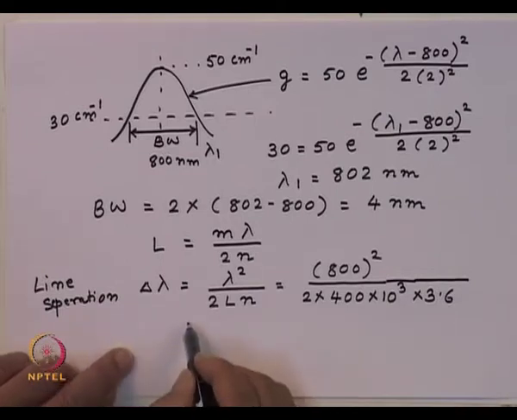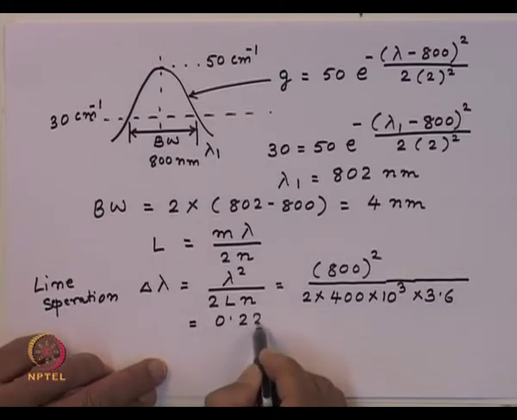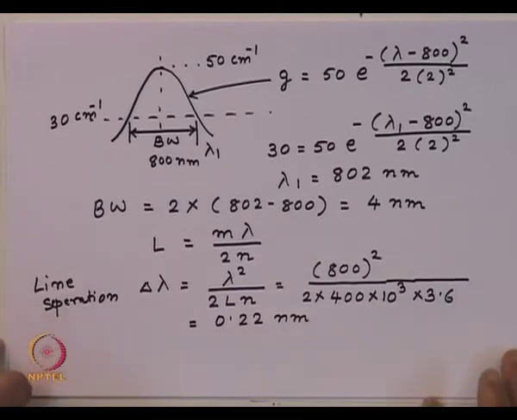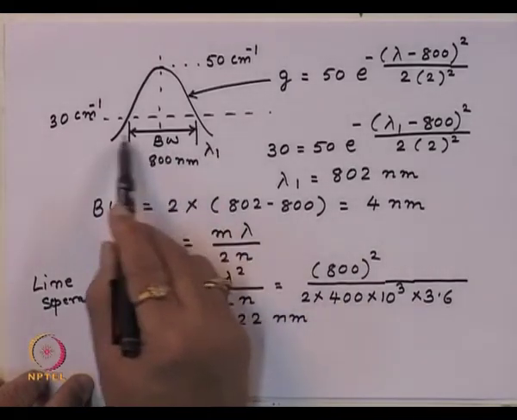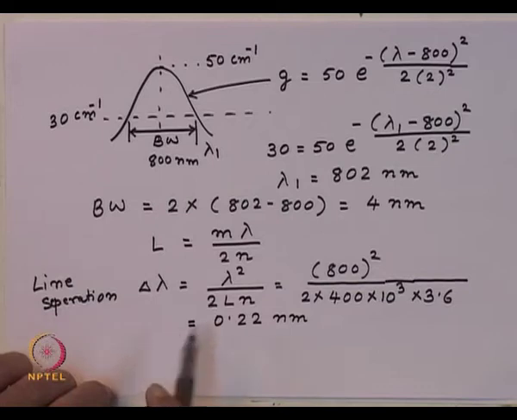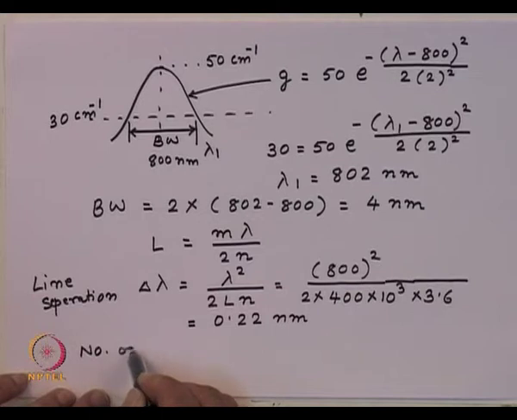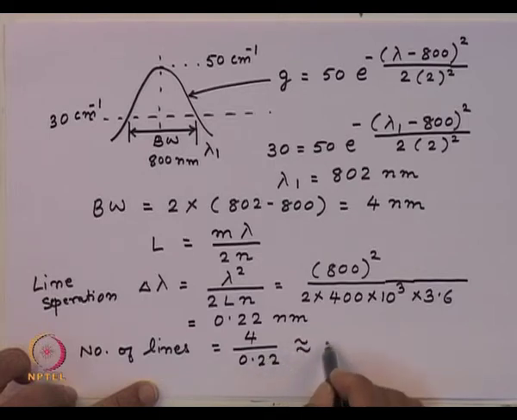So, we get delta lambda, which is equal to 0.22 nanometer. So, the total number of lines which will exist inside this laser corresponding to this bandwidth of 4 nanometer: number of lines equals the bandwidth, 4 nanometer, divided by the line separation, 0.22, which is approximately equal to 18.